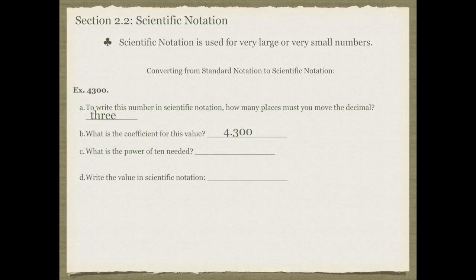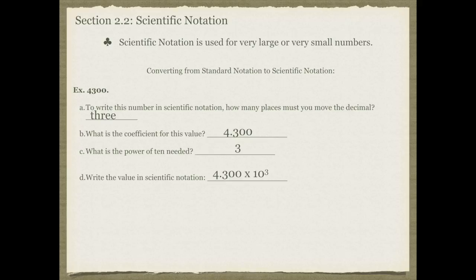Now the coefficient will be 4.300. That's a number that's between 1 and 10. It has to be raised to a power of 3. And therefore, the value in scientific notation will be 4.300 times 10 to the third. Now, the reason why it's a positive 3 and not a negative 3 is because I took a large number, 4,300, and made it into a smaller number.